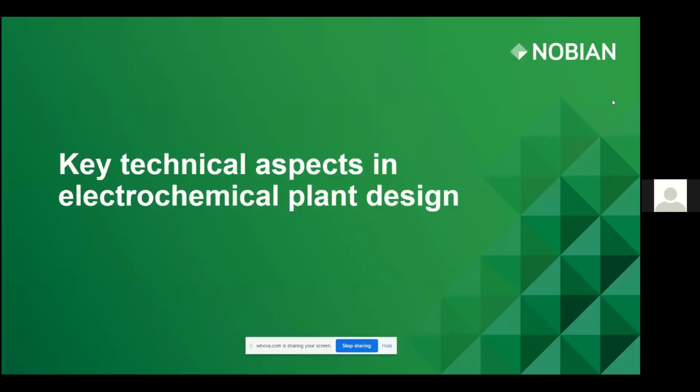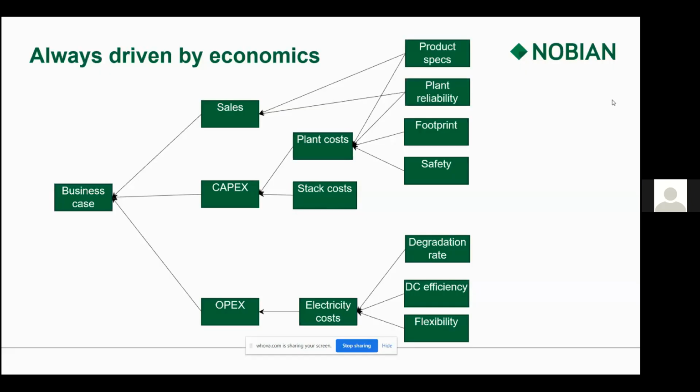So now let's go to some of the key technical aspects when designing an electrochemical plant. Also here, I start with the end user perspective, and that's not technical to begin with. In the beginning, the starting point is always the business case that you have for a new electrochemical technology. The business case relates to sales, capex, capital cost, and operational cost.